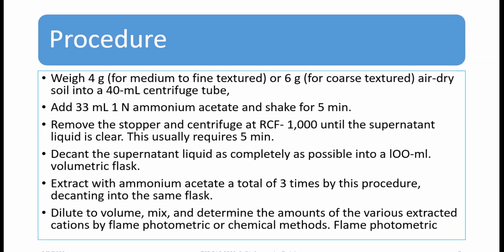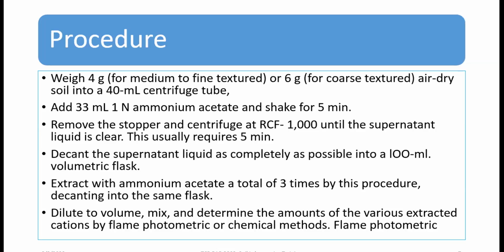Here you are not going to discard the supernatant, but you store it, you keep it in the 100 ml volumetric flask. Extract with ammonium acetate, repeat this 3 times, and make the same process, decanting into the same flask.